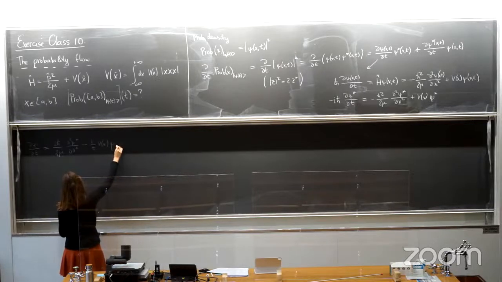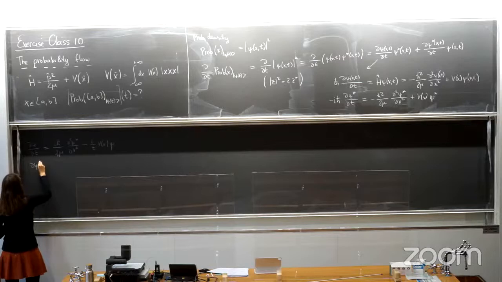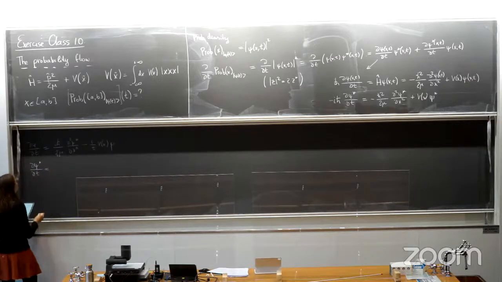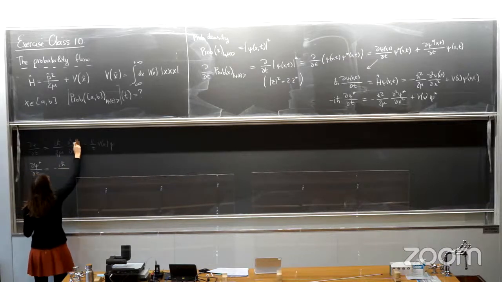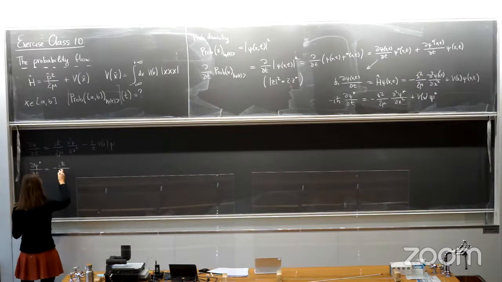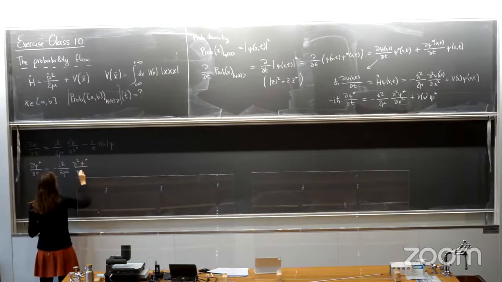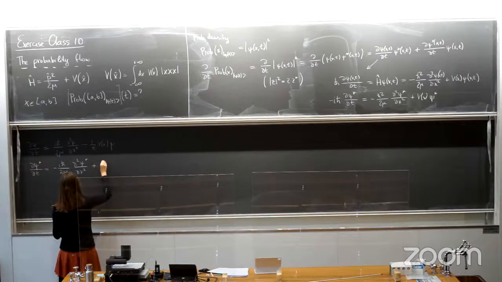All right. And dψ star/dt is equal to minus iħ. Sorry, here it's without the star, because it's just ψ. So dψ star/dt is equal to minus iħ over 2μ d2ψ star/dx squared plus i over ħ V(x)ψ star.